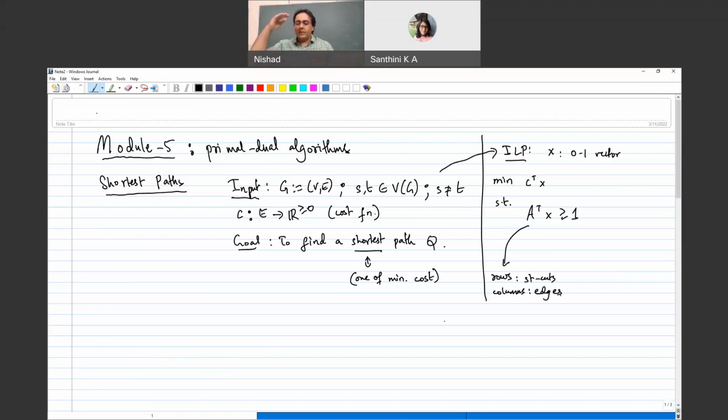So it's saying that for every ST cut, you look at the edges selected and at least one edge has to be selected. Right? And we also want our vector to be non-negative. I said 0, 1 vector, but actually when we wrote the ILP, we allowed it to be any integral vector.